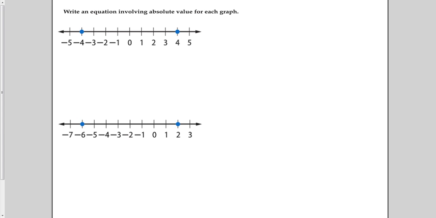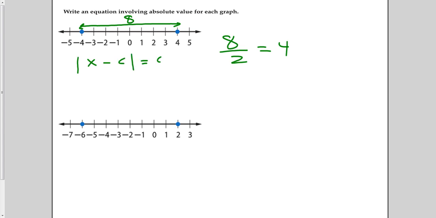So when I look at this problem, it says write an equation involving absolute value for each graph. So when I start at -4 and go to 4, that's a distance of 8. Well, if that's a distance of 8, half of 8 is 4. So that means, based on my formula, I'm going to have my distance of 4.